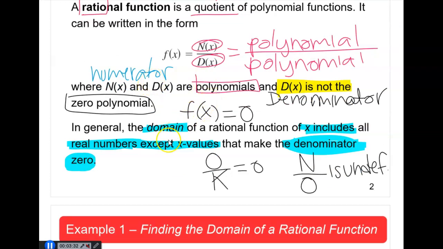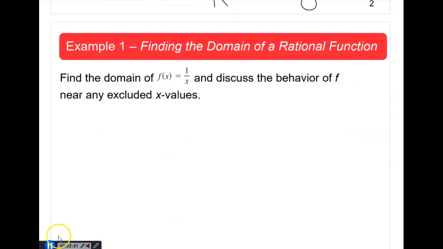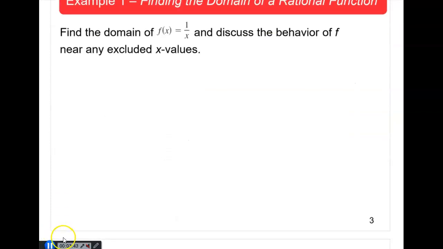Okay, so for the domain, we're going to have to find those x values that will cause the denominator to be 0. And so for that, let's go ahead and start with the parent function. We have that f of x is equal to 1 over x.